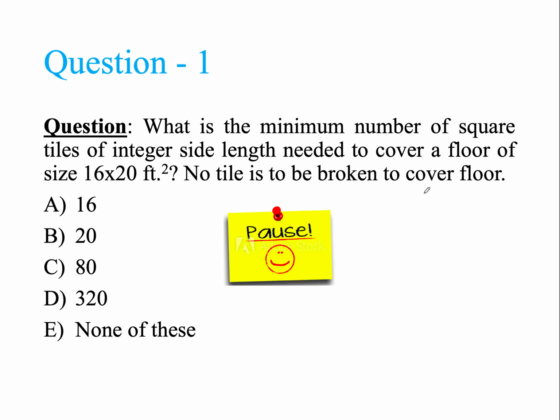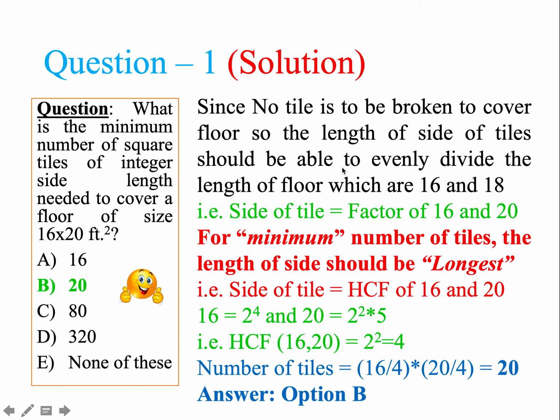No tile is to be broken to cover the floor. Now how do we find the minimum number of tiles needed to cover the floor? The number of tiles will be minimum if the size of the tile is as big as possible. So let me take you to the next slide, which gives you the explanation.